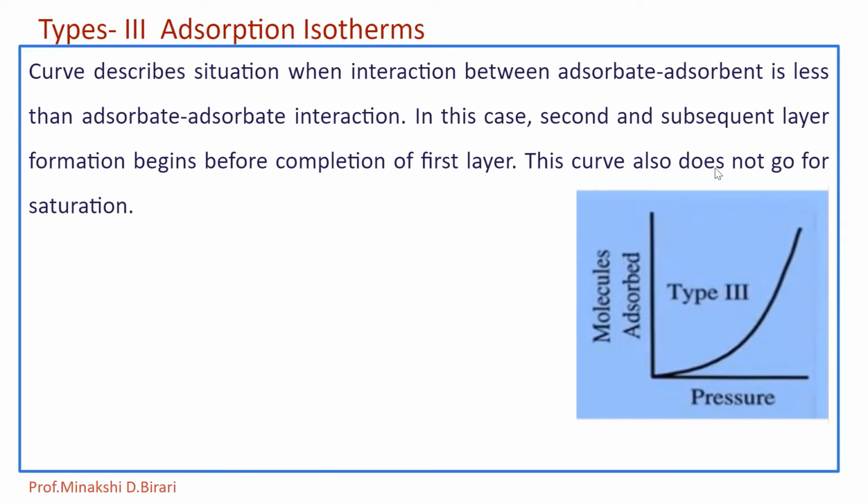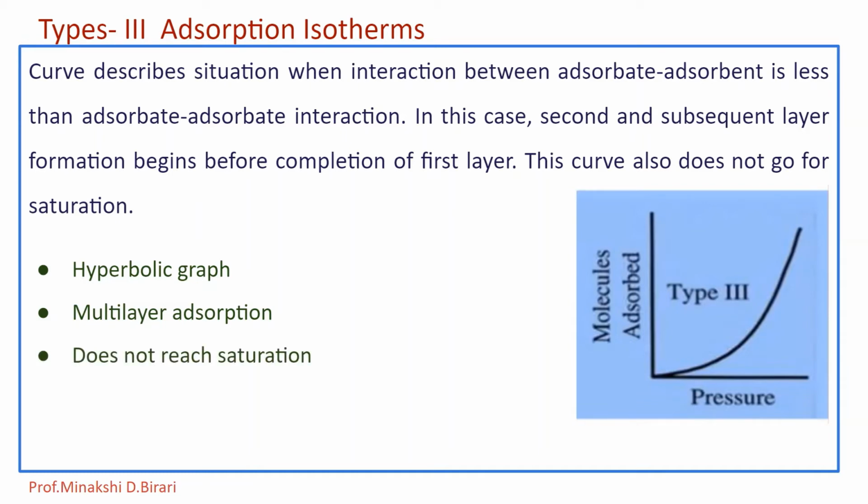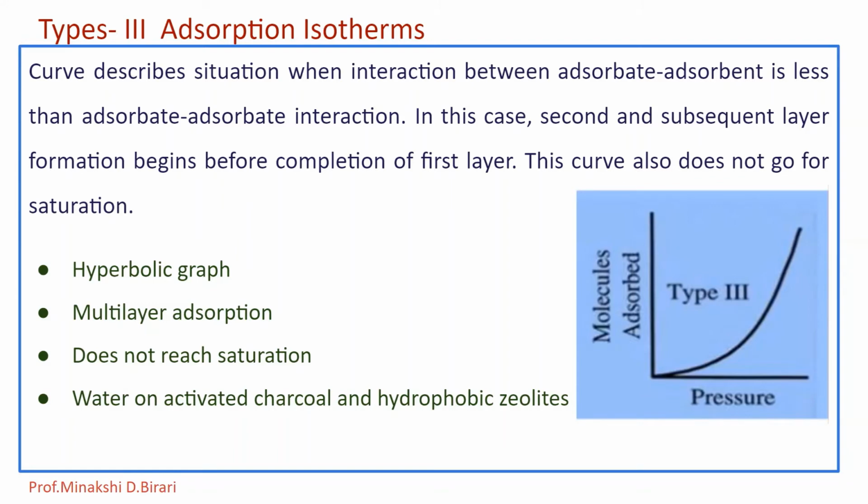This curve also does not go for saturation. So type third adsorption isotherm shows a hyperbolic graph. There is multilayer adsorption, does not reach saturation. Example, that is water on activated charcoal and hydrophobic zeolites.